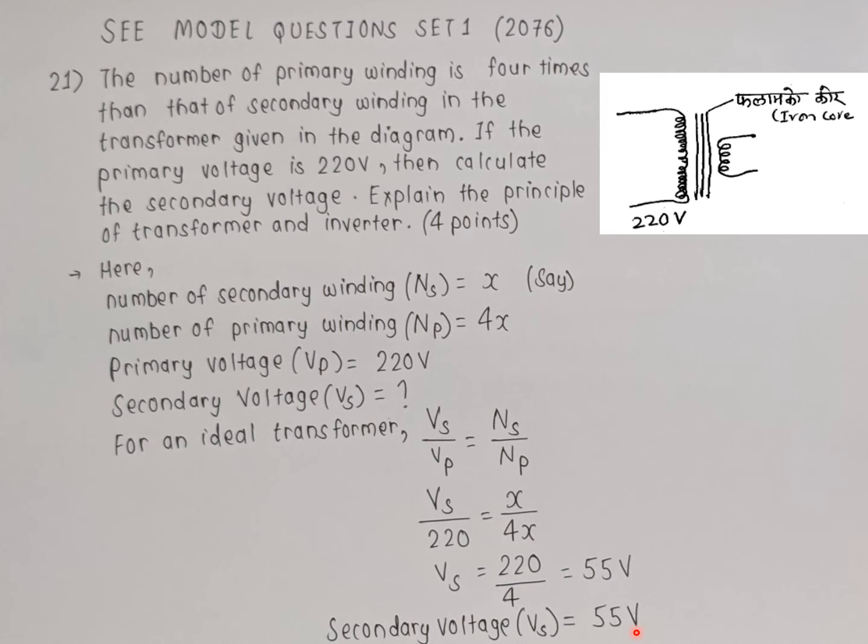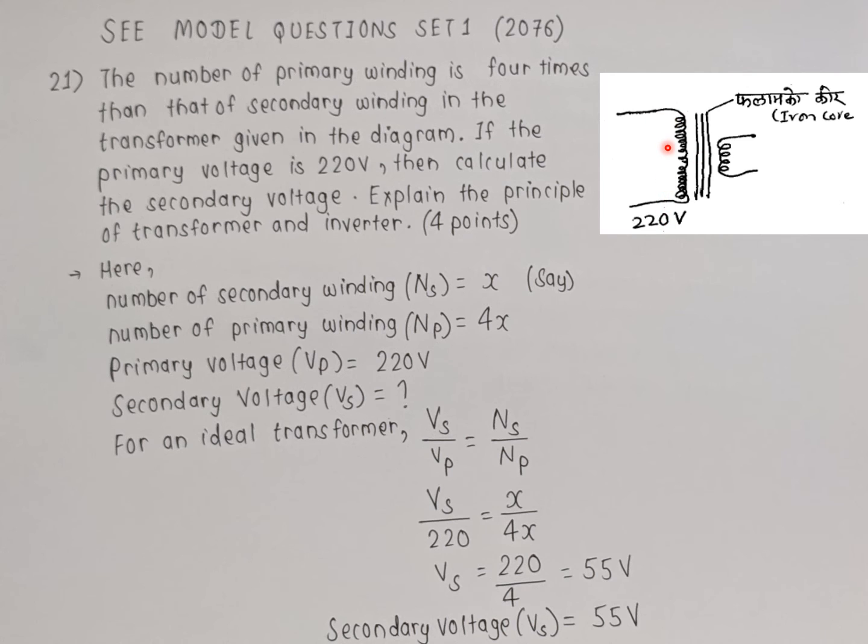If you look at it, the voltage is decreased. The secondary voltage is less than the primary voltage. So this transformer decreases the voltage. This is a step down transformer. If you are smart enough, you should already guess based on the number of windings.